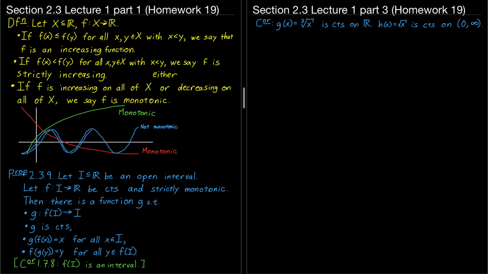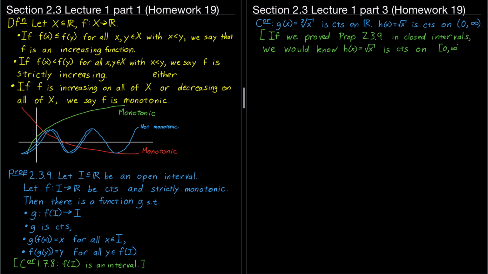And notice that if we proved proposition 2.3.9 on closed intervals, we would be able to use that x squared is continuous and monotonic on the non-negative numbers, so we would know that the square root of x is continuous on this closed interval from 0 to infinity.